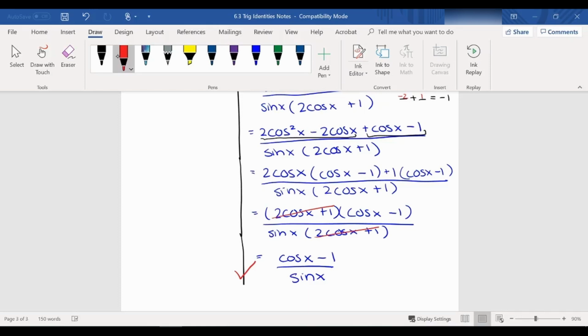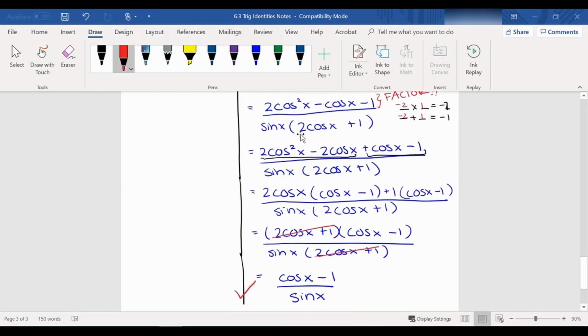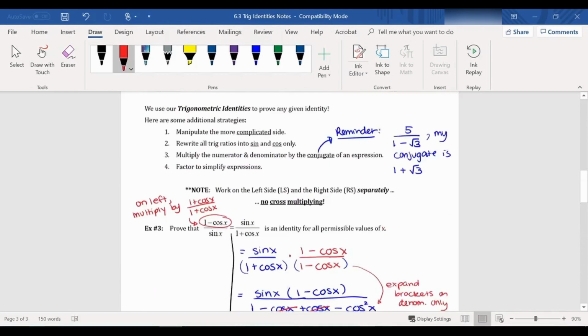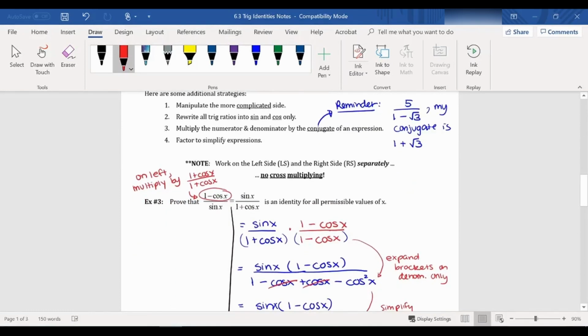So it looks a bit neater online simply because I didn't show all these steps with cosine x's for the factoring here. So you have a couple of strategies up at the top. Use those to help you as you go through your practice questions. We've got our factoring strategy and our conjugate strategy that we might have to use if simplifying and regular identities don't work for us.